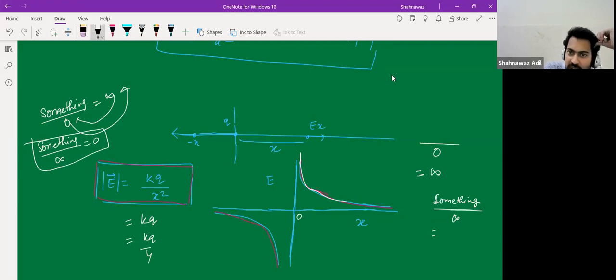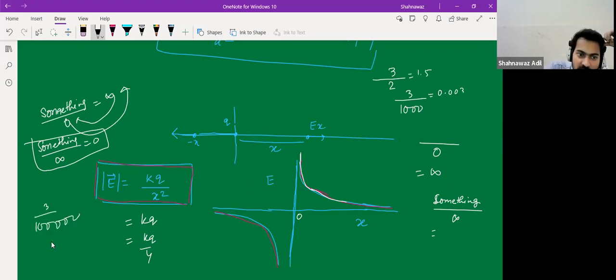Or you can imagine it this way also. Let's say this is 3. If I divide it by 2, this would be 1.5. If I divide by 1000, this would be 0.003. And if I divide 3 by 0.00001, you can see that this is approaching 0, right?